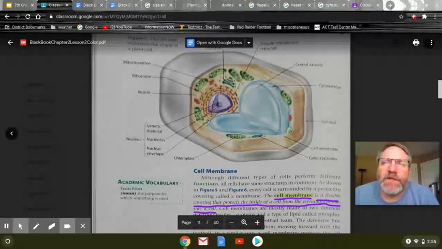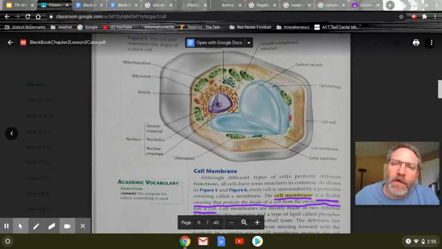The cell wall also gives the plant structure and support. Say, plants outside, they don't have bones. So what holds them up? Well, it's the cell wall. The cell wall helps to hold up the cell, and it prevents them from falling in on themselves.